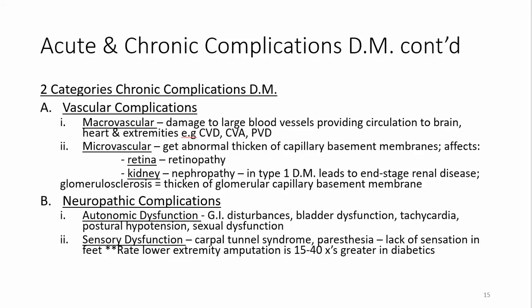The sexual dysfunction, erectile dysfunction, is both a vascular and a neuropathic thing. There is a loss of the ability for the autonomic nervous system to regulate blood flow adequately in the organs to match the demands, both from a vascular point of view and from a neurological point of view.